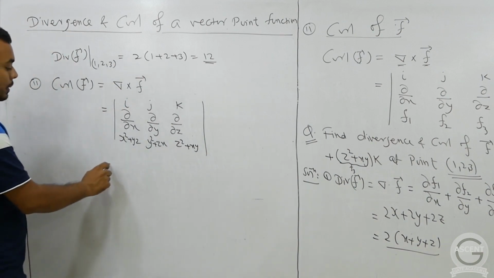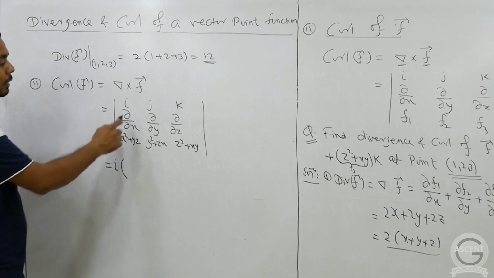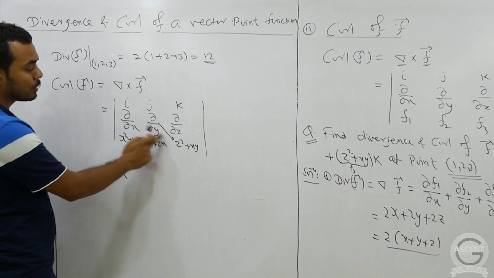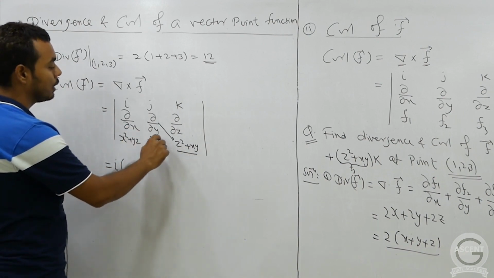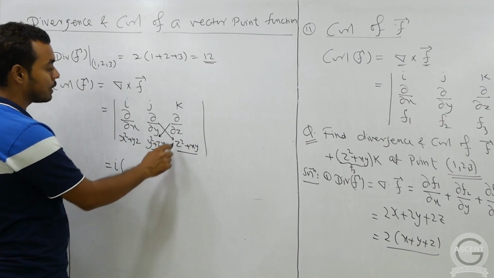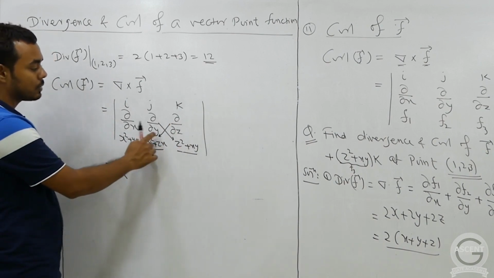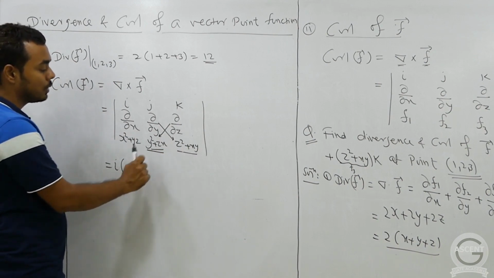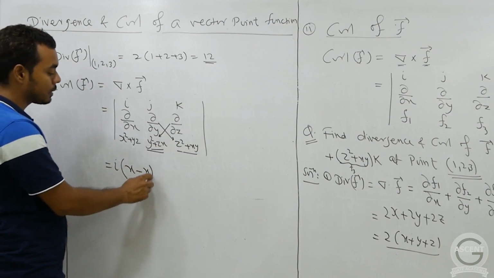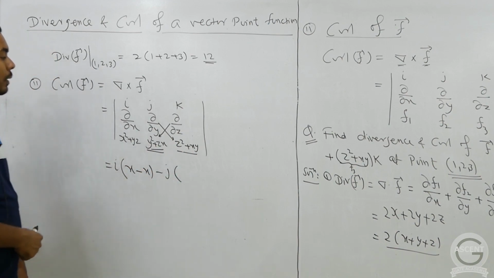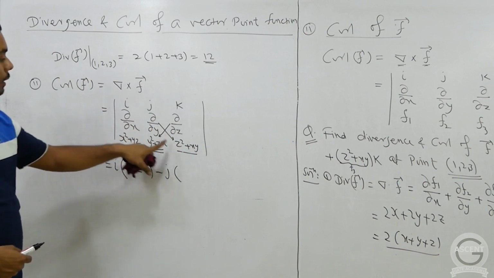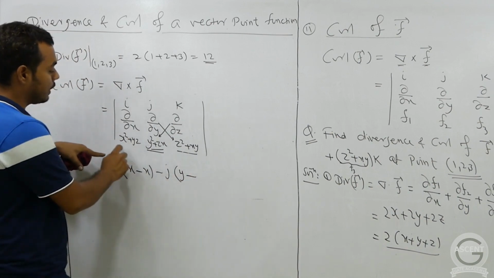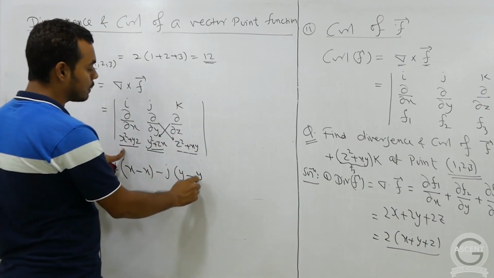Now if we expand this determinant along the first row, then I will get i. We have to apply this operator on this function z square plus xy and differentiate y square plus zx with respect to z. So if I differentiate this with respect to y, then I will get x, minus if I differentiate this with respect to z, then I will get x, minus j into, now again erase this second column, differentiate z square plus xy with respect to x, so I will get y, minus derivative of this with respect to z, so this will give us y.